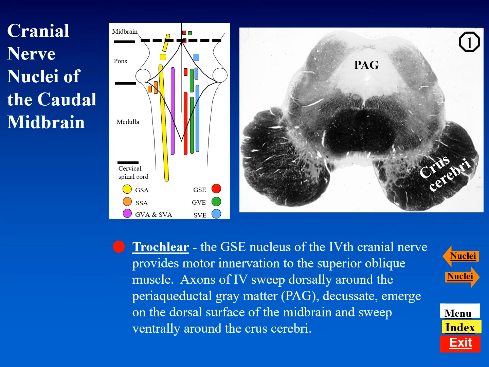In the caudal midbrain, we have the trochlear nucleus, which is part of the general somatic efferent cell column. Note that the trochlear nerve is the only cranial nerve at brainstem levels to decussate and exit on the dorsal surface of the brainstem.